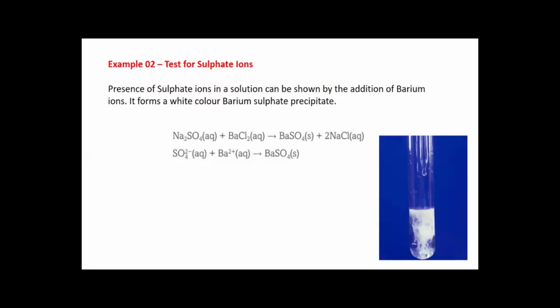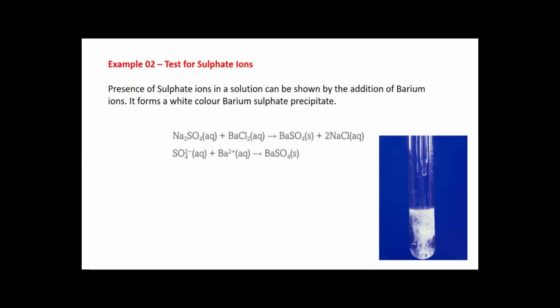Now, today we are going to talk about another example of a precipitation reaction, that is the test for sulfate ion. So what is happening here? If we take a solution containing sulfate ions, and we put barium chloride, or simply I can say if we put barium ions into that solution, then it will form a precipitate.